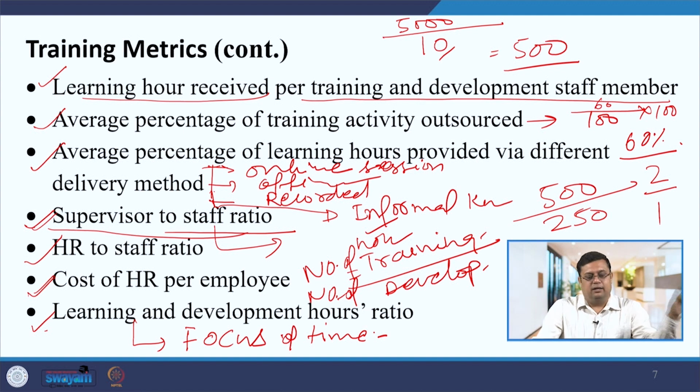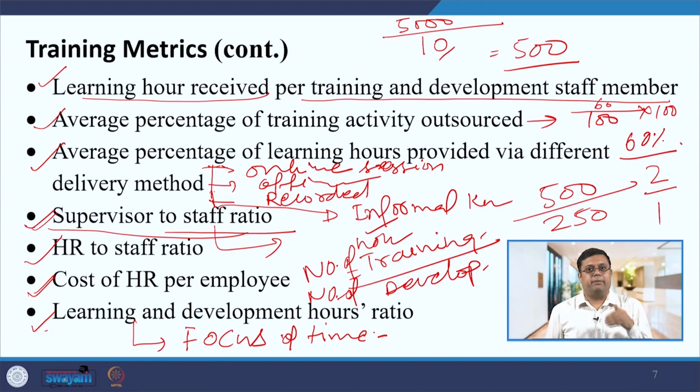The moment you can calculate that time, whatever number of working days are remaining, in those days you can plan the learning and developmental activities. If you design them in such a way, you will not impact the focus time of the employee inside the organization.